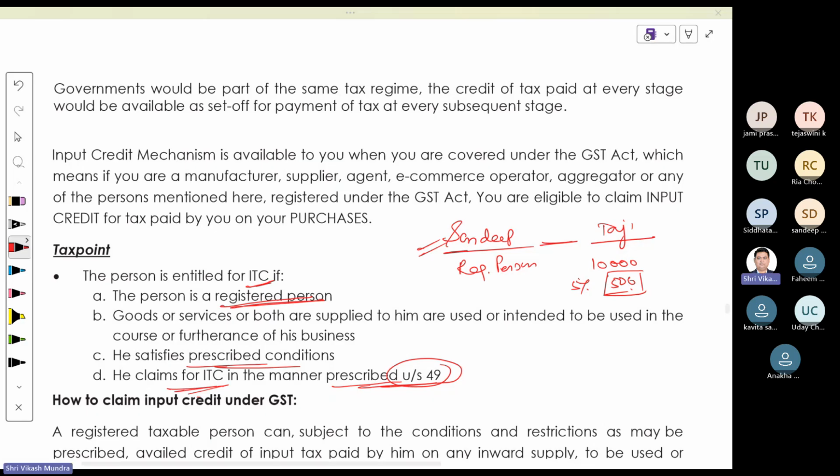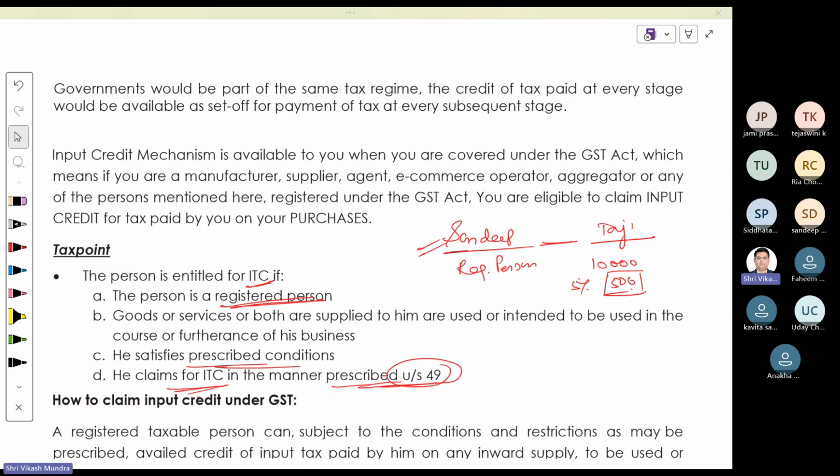What is your take, Mr. Sandeep? Fine. Whether ITC would be available to Mr. Sandeep on this restaurant bill of rupees 10,000, on which he paid tax of rupees 500, whether he is eligible or not.